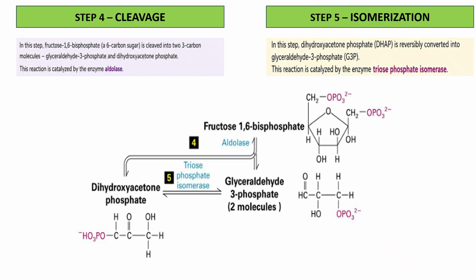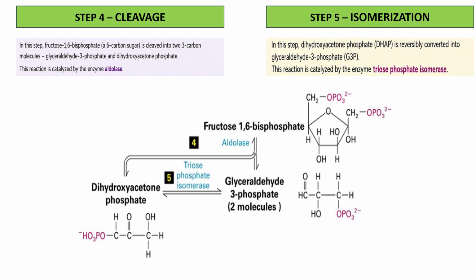The fifth step of glycolysis is an isomerase reaction in which dihydroxyacetone phosphate is converted into glyceraldehyde 3-phosphate. This reaction is catalyzed by the enzyme triose phosphate isomerase. In step 4, two 3-carbon molecules were formed, G3P and DHAP.